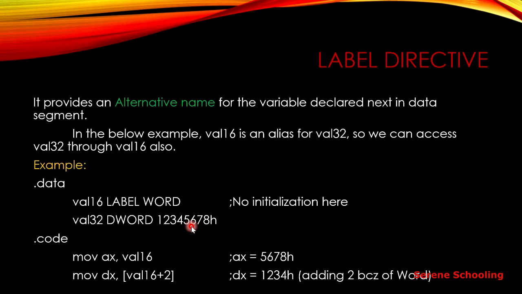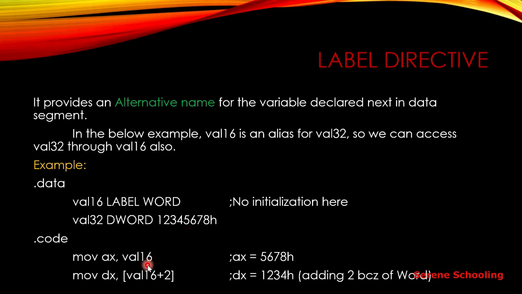Basically the reason is that this number gets stored in memory in reverse order. This is the storage format, because memory is only byte addressable, right? So types like DWORD and WORD get stored in the reverse order. Firstly, inside our memory, this 5, 6, 7, 8 gets stored, then 1, 2, 3, 4, in the reverse order.